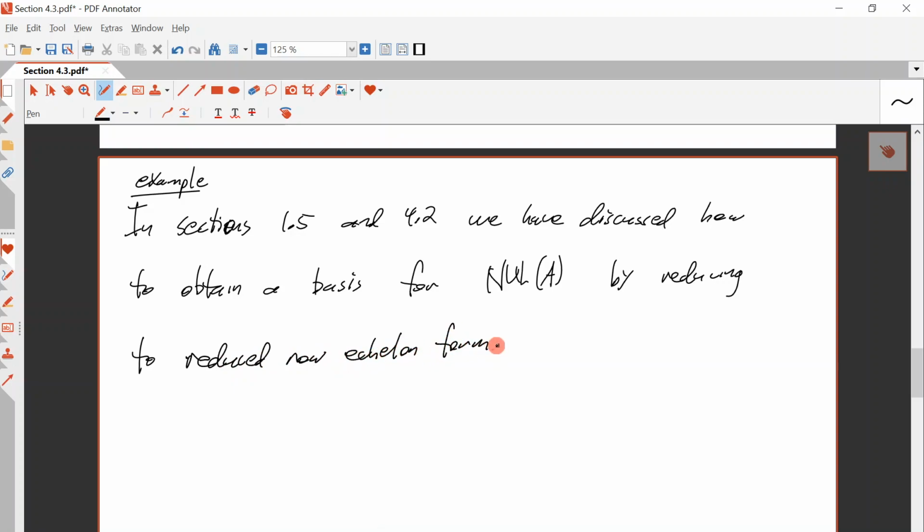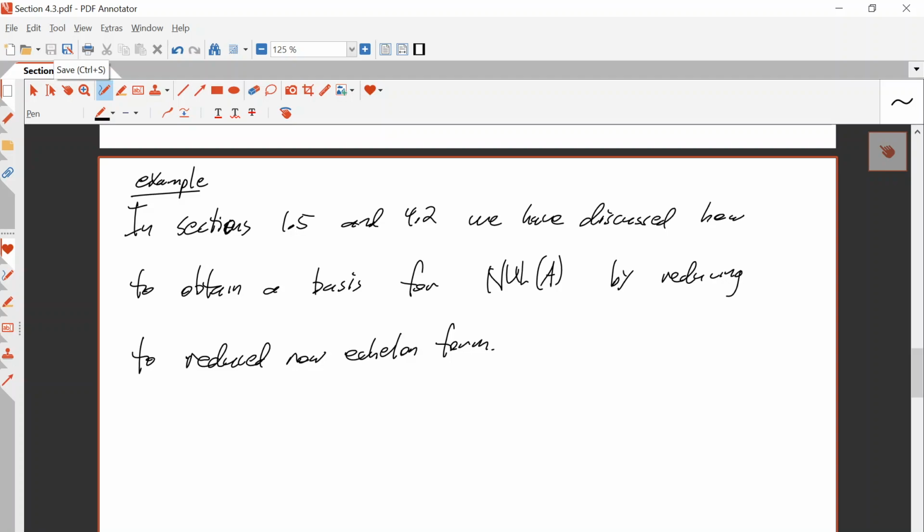It's that same process that we did in section 1.5, finding the solutions in parametric form, and in section 2.2, where we described this again in terms of the null space of A, which was the same as problem 1 on exam 1.